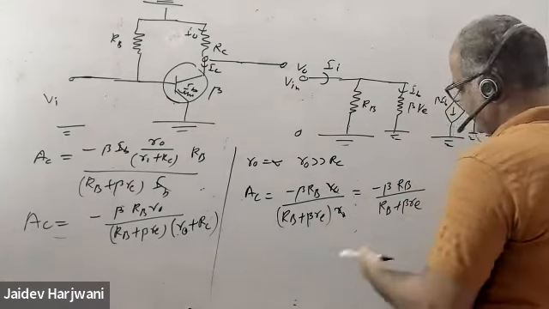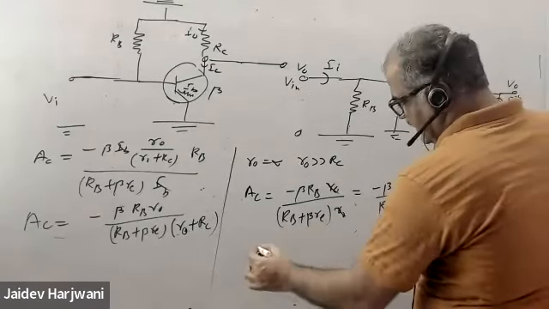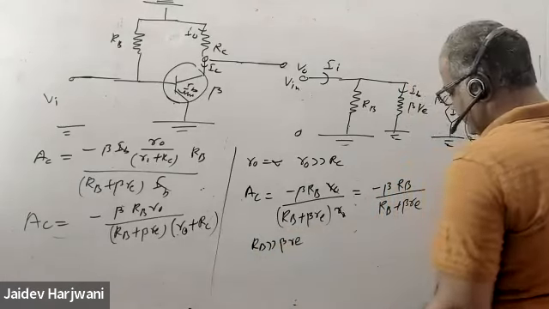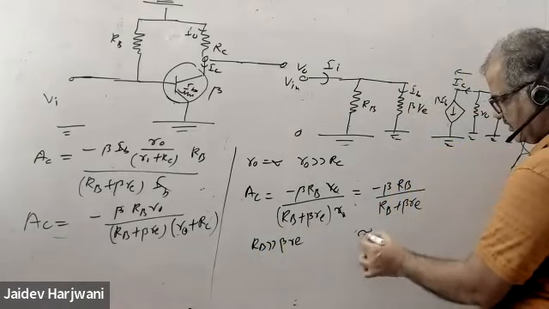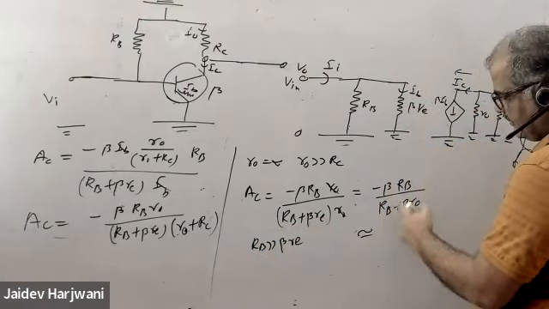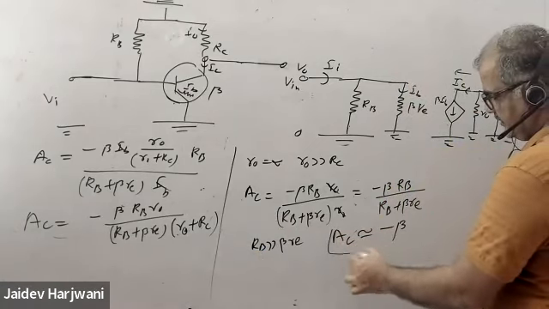Now if you want to do further simplification, if I take RB much greater than beta RE, in that case I can neglect this beta RE, then RB cancels, so you get AC equals minus beta.